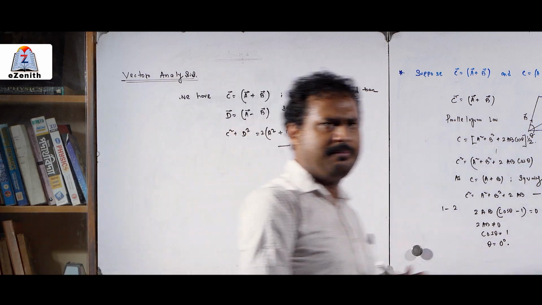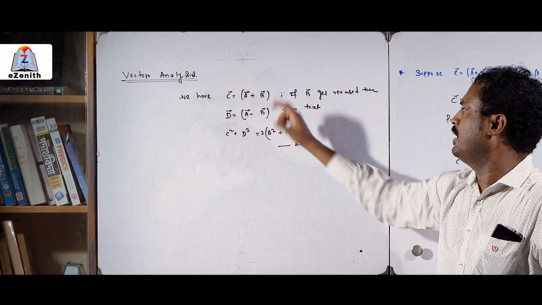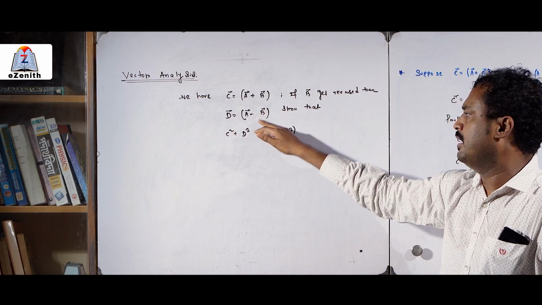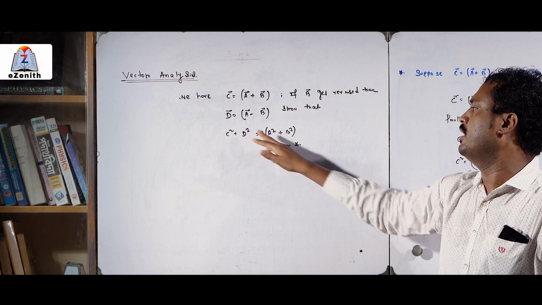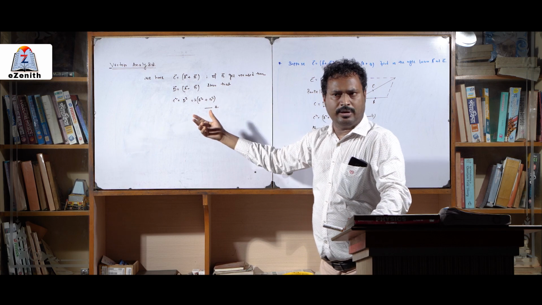That is a very simple problem for you. C is A plus B. If B vector is reversed, then D vector is A minus B. Then prove that C square plus D square is equal to 2 into (A square plus B square). So we are ready for the next problem.